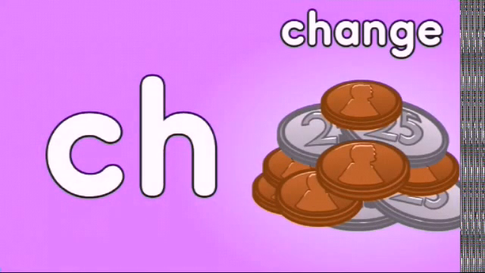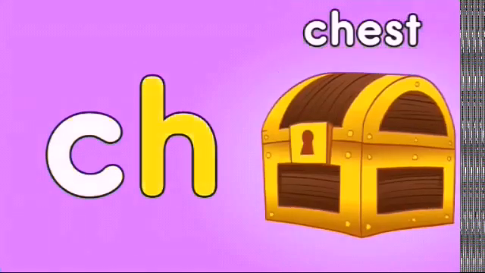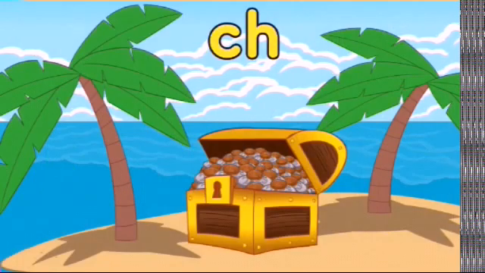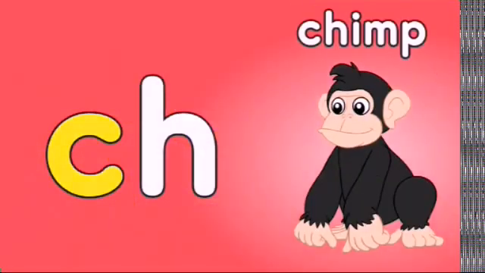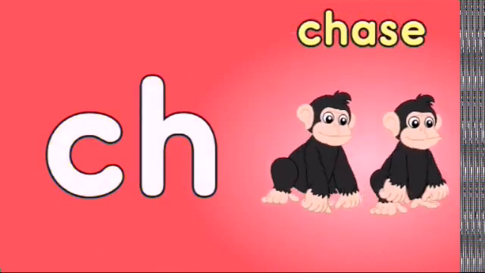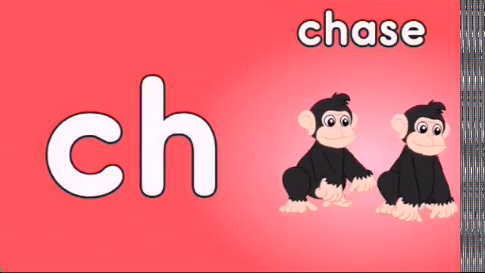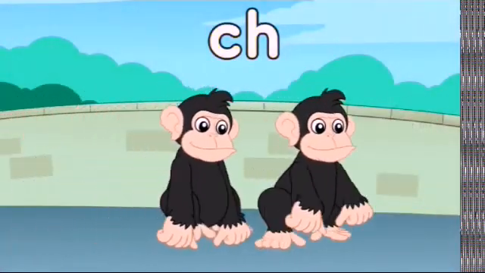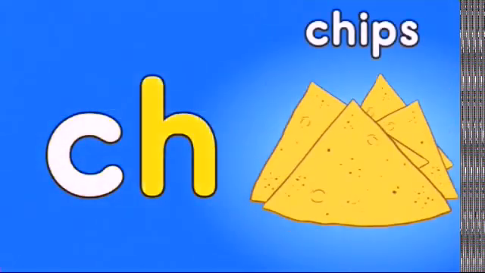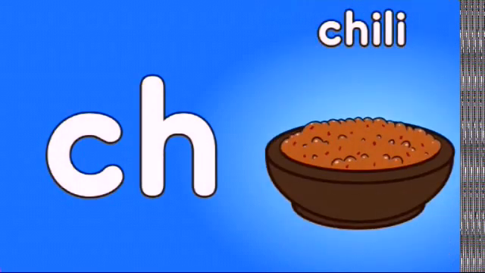C-H change, ch, ch, change. C-H chest, ch, ch, chest. C-H chimp, ch, ch, chimp. C-H chase, ch, ch, chase. C-H chips, ch, ch, chips. C-H chili, ch, ch, chili.